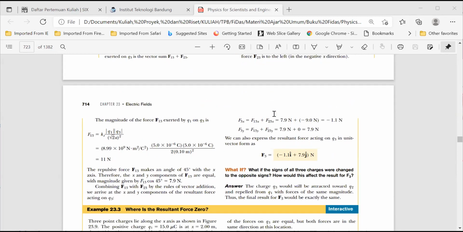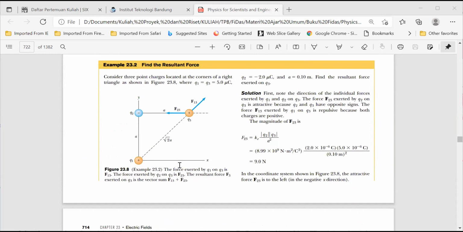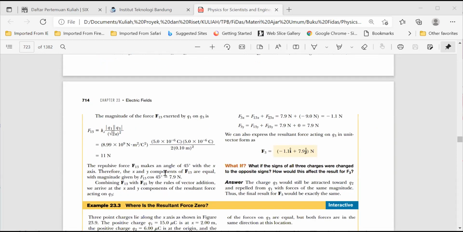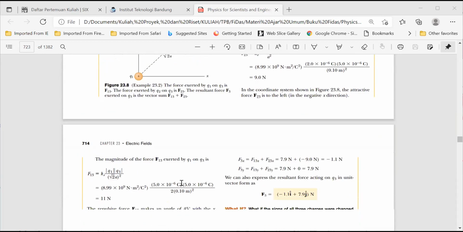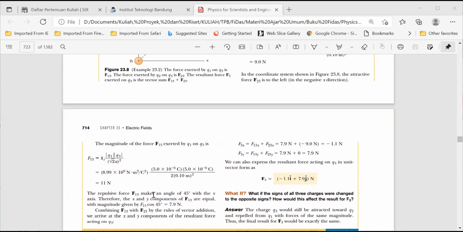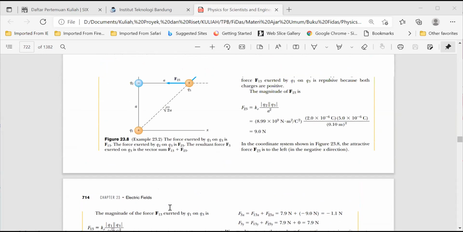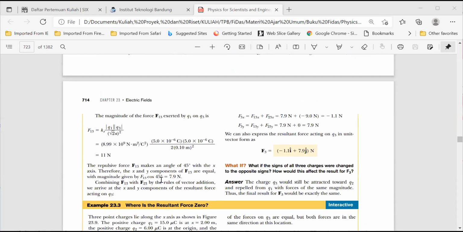So if this angle is 45 degrees, it means that for F13 the x component has magnitude F13 cos 45 degrees, so it should be around 7.9 Newton.